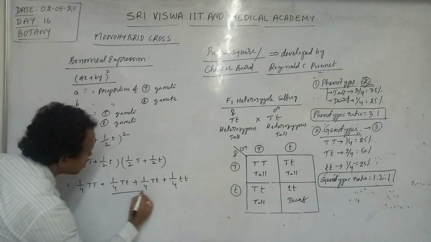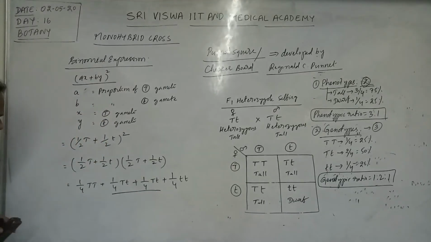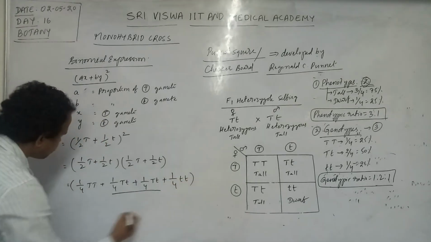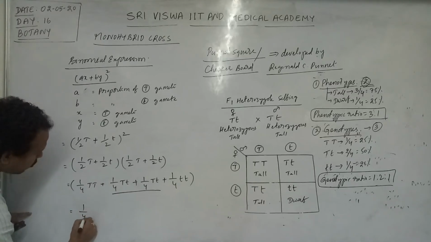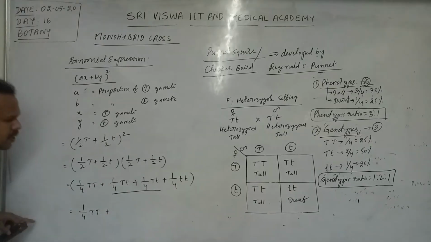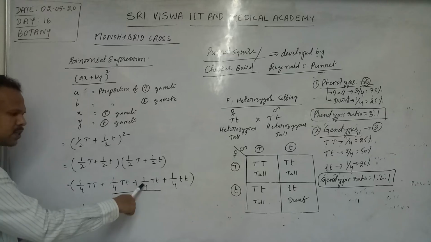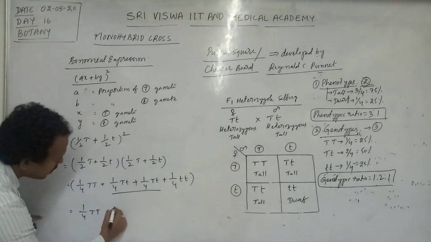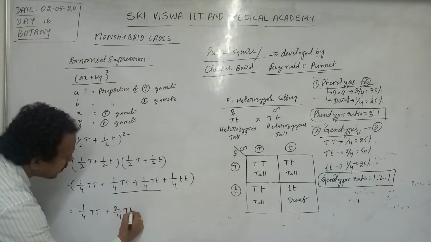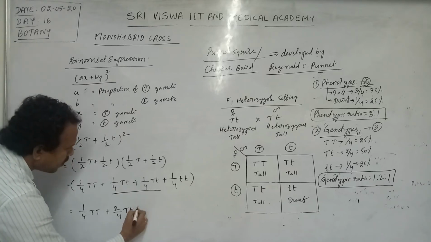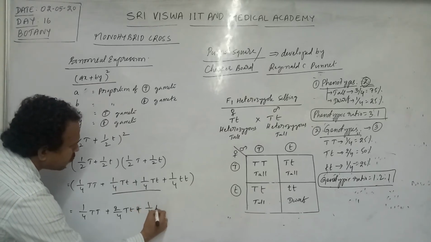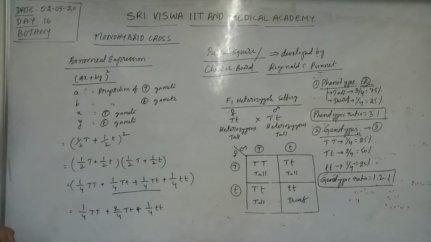So with reference to this formula, 1 by 4 capital T capital T plus 2 by 4 capital T small t plus 1 by 4 small t small t.